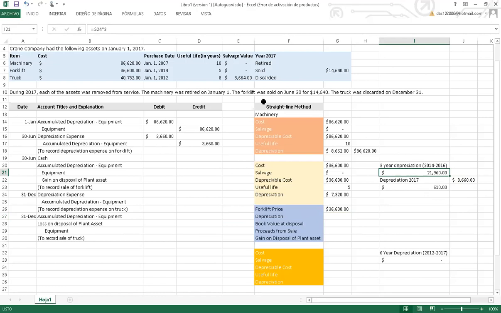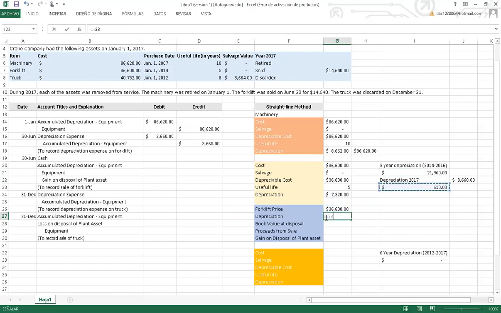And it was used from 2014, where it was purchased, to 2017 as full years. So these are 3 years. And we're going to multiply the annual depreciation times the 3 years in which it was used, which gives me the amount of $21,960. And we are going to write down here the total depreciation of all those years.